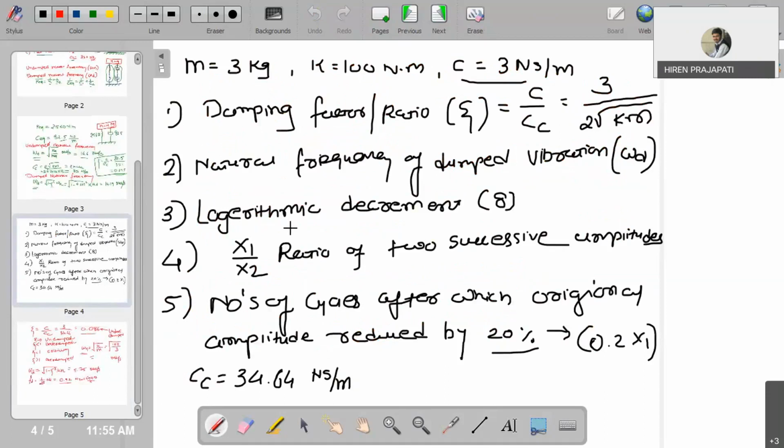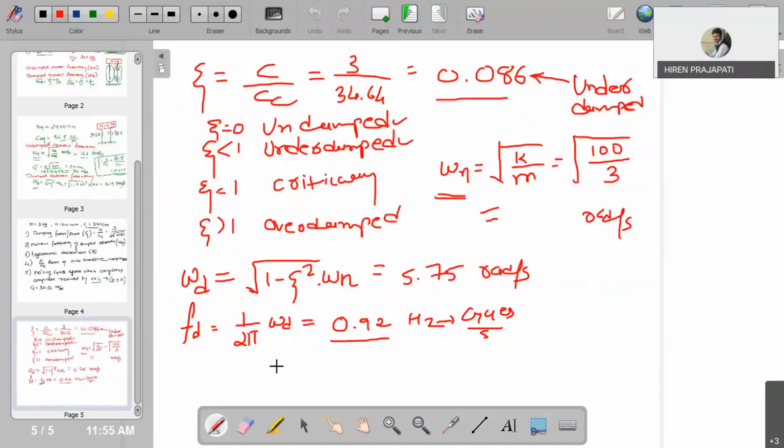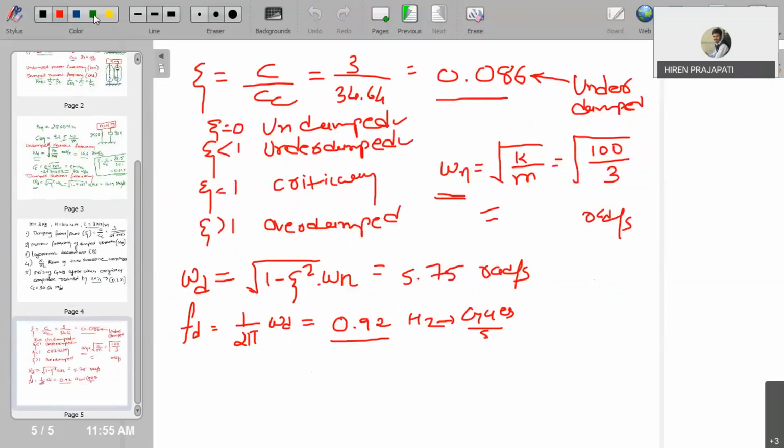Now next is logarithmic decrement we need to find, means delta. Can you give the equation of delta? 2 pi zeta by square root of 1 minus zeta square.